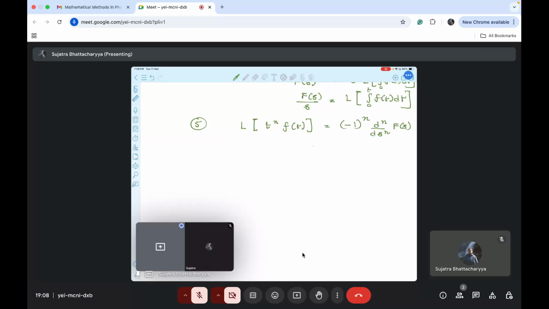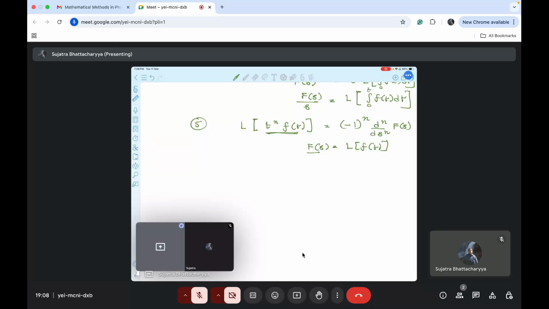Again, remember F(s) is the Laplace transform of f of t. So if you have a function whose Laplace transform is required and it is of this form, separate out the function and t to the power n. That function's Laplace transform is F(s). Take the nth derivative of that, multiply by minus 1 to the power n, and you get the actual Laplace transform.